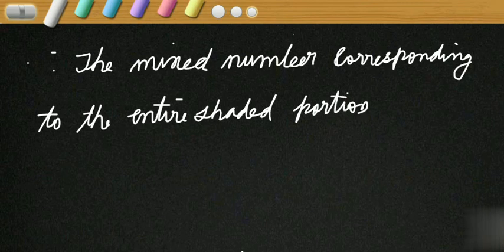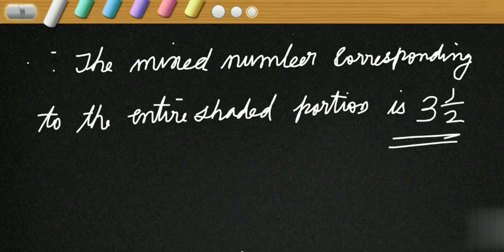Mixed number or mixed fraction? Both are same. What is it? 3 whole circles plus 1 by 2. So what is the mixed number corresponding to the entire shaded portion? Yes, it is 3, 1 by 2.